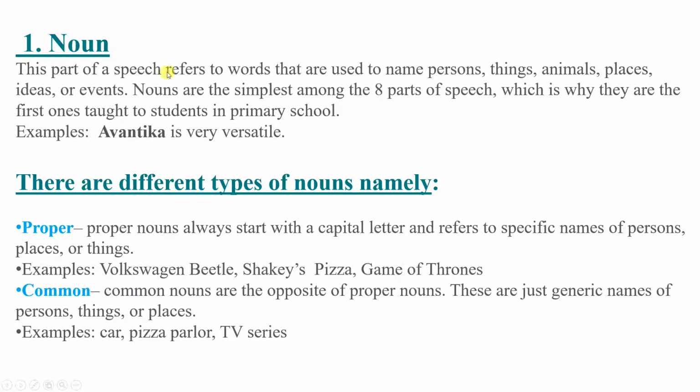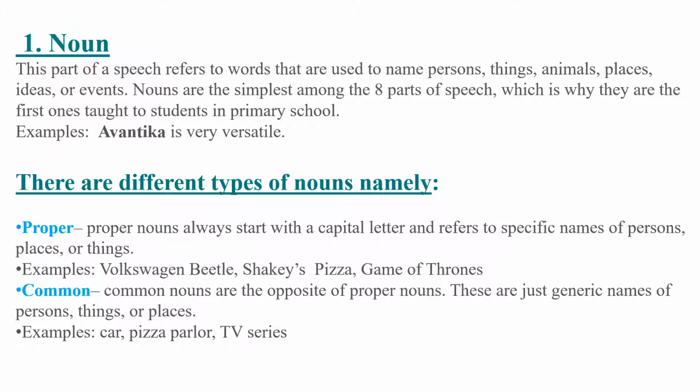Noun. This part of speech refers to words that are used to name persons, things, animals, places, ideas or events. Nouns are the simplest among the 8 parts of speech, which is why they are the first one taught to students in primary school, because everybody knows noun is very easy to identify and we can understand it very easily.